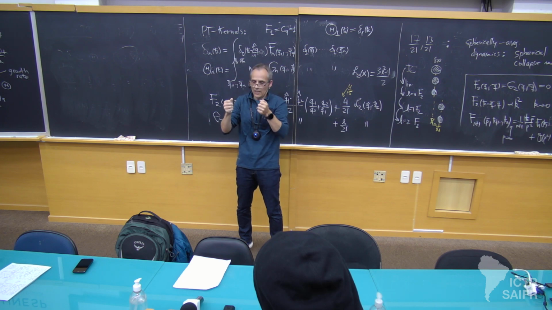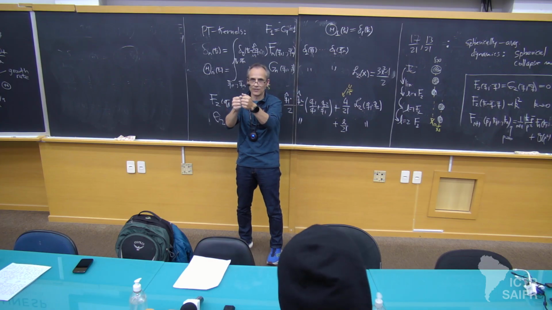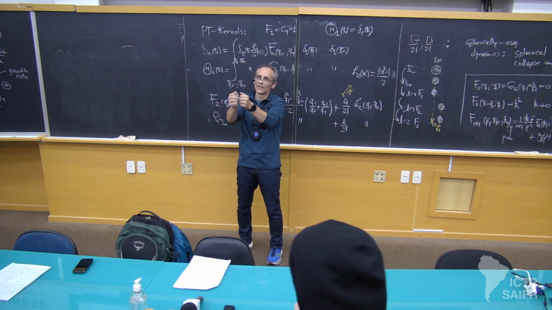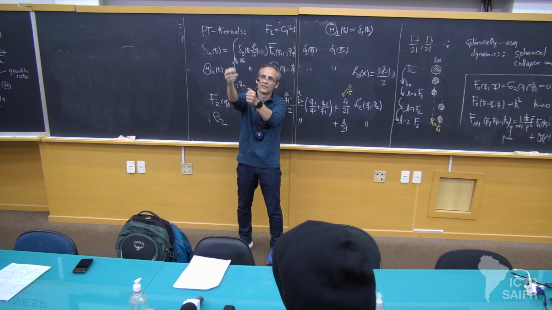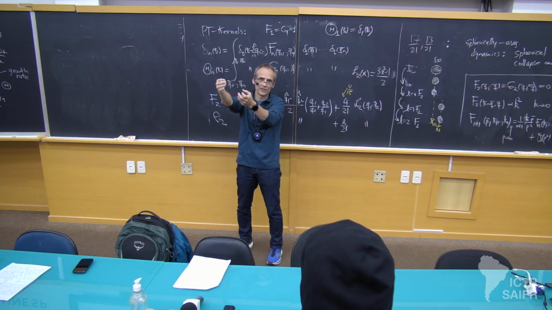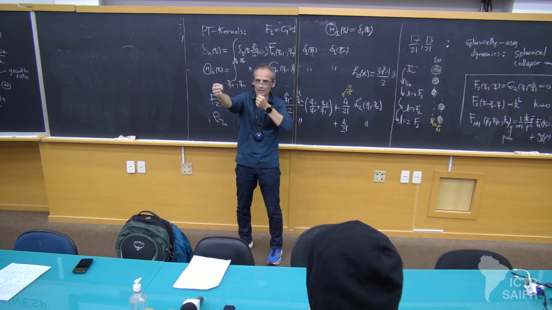Now, even if you start with growing mode initial conditions, after they interact, because alpha and beta depend on k and so on, they will not be in the linear growing mode anymore, right? And so once you integrate in time until the final time after the interaction, they will have some contribution from the decaying mode. Now, this interaction can happen anywhere from the initial conditions until the final.